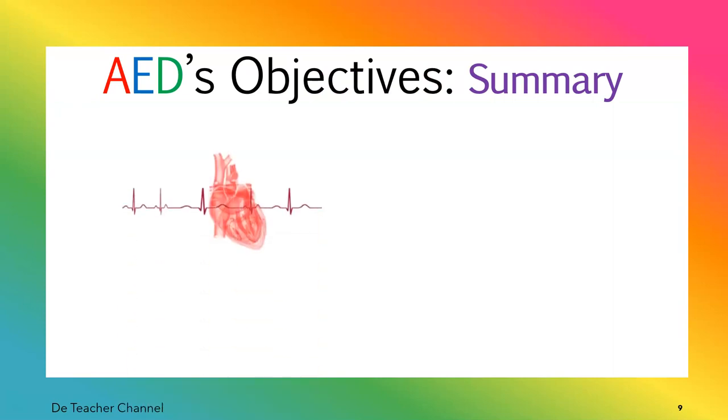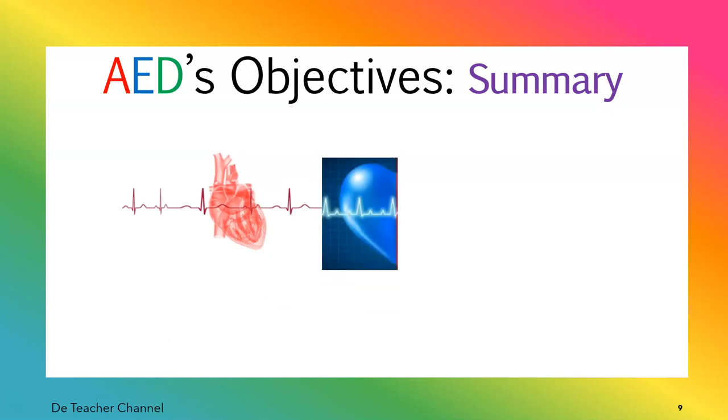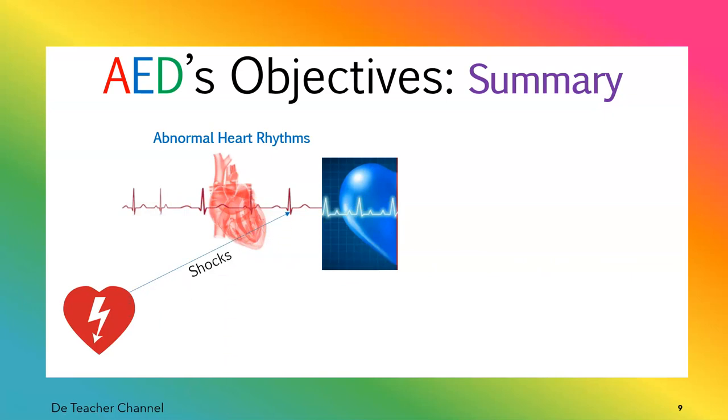So let's see the summary of the objectives of AED. Okay. So you have an abnormal heart, a heart that is in an abnormal state. So AED is brought, and then AED provides some electrical shocks to the heart. And what is the intention?